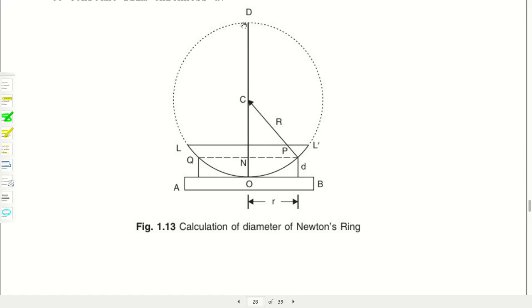That is the property of the circle: the chord is divided into two parts by the diameter, and the product of the lengths of those two parts, NP into NQ, is equal to the product of these two lines, NO into ND. This can be proved using trigonometry also. You can use different techniques to prove this.